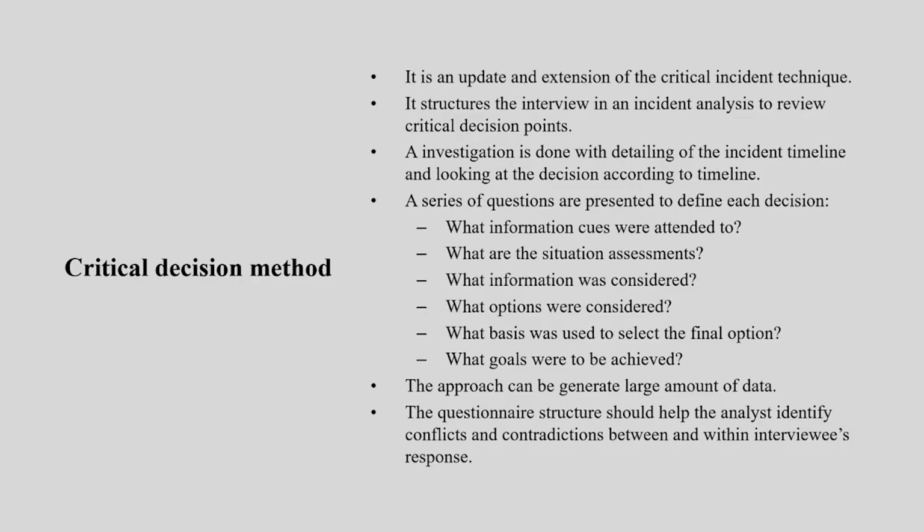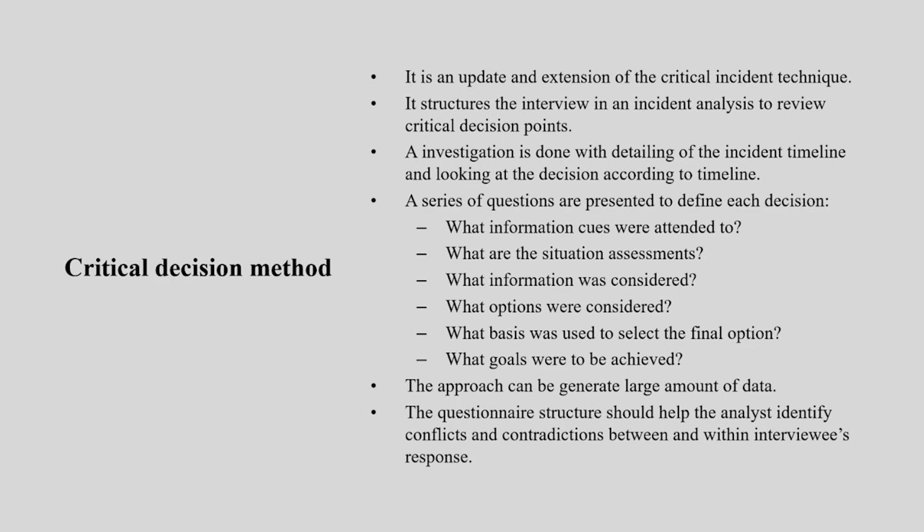Mainly these are some examples: what information cues were attended to, what situation assessments were there, what information was considered. Maybe there is a large amount of information, but the decision maker has considered three or four. Why? Which ones? All these queries are very important when we are talking about the critical decision method.